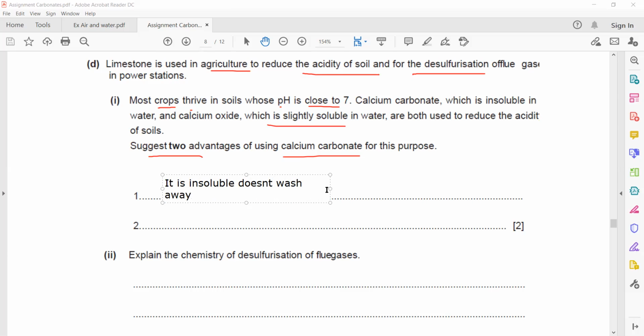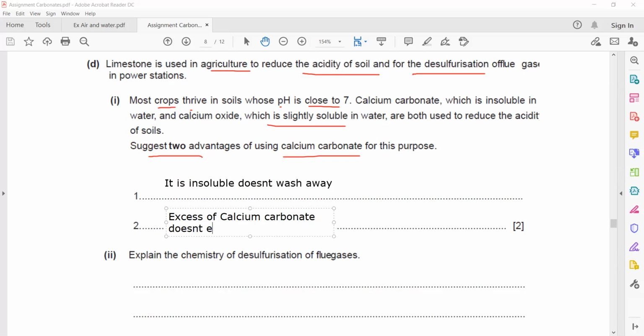And the second advantage: excess calcium carbonate does not make the soil alkaline. So it does not make the soil alkaline if you use excess, or more than enough.